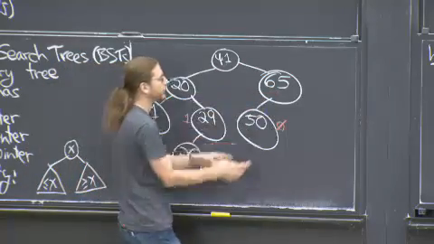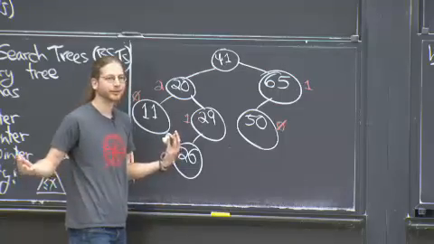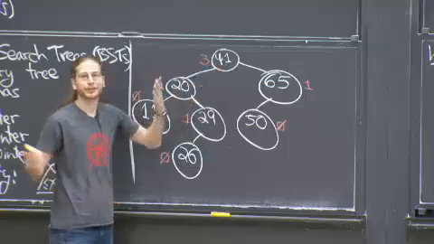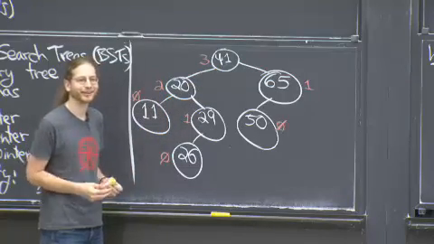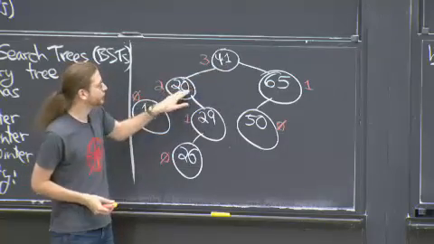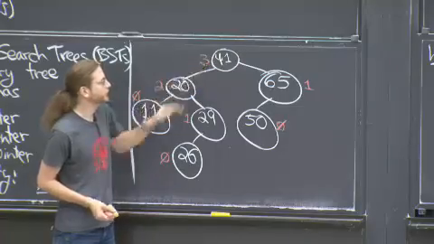This node has height 1. This node has height 3. How do you compute the height of a node? Max of the height of the children plus 1. You take the max of the height of the children. Here, 2 and 1. Max is 2. Add 1, you get 3.